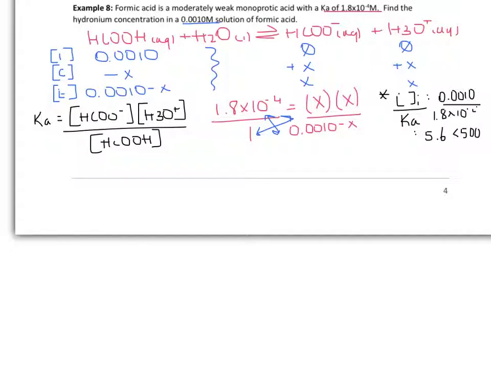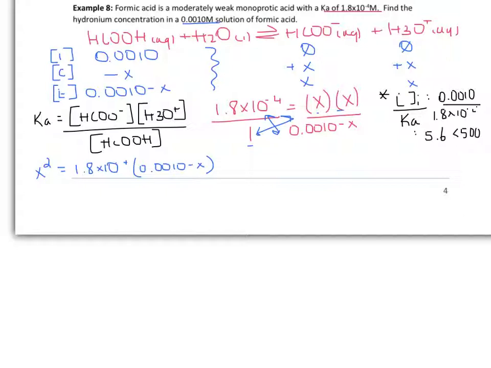When we do, we're going to get, I'm going to start down here, x squared. So 1 times x is x squared. And 1.8 times 10 to the negative 4 outside of 0.0010, subtract x.